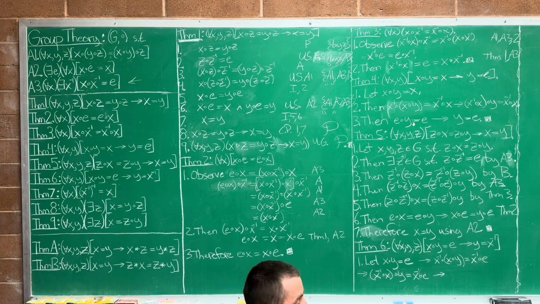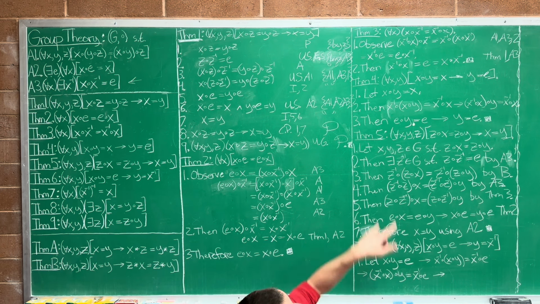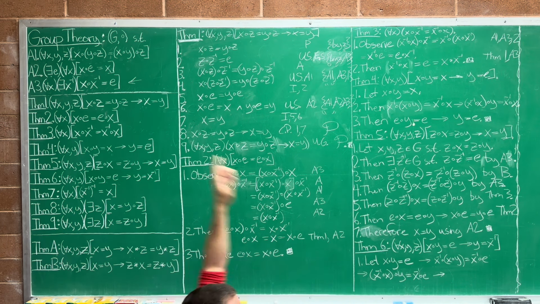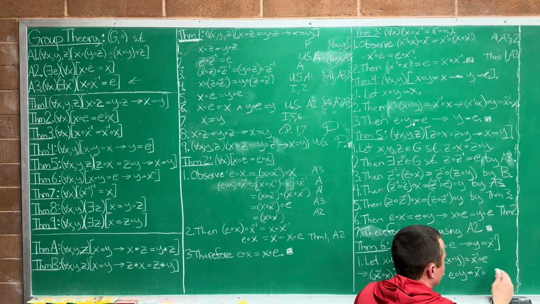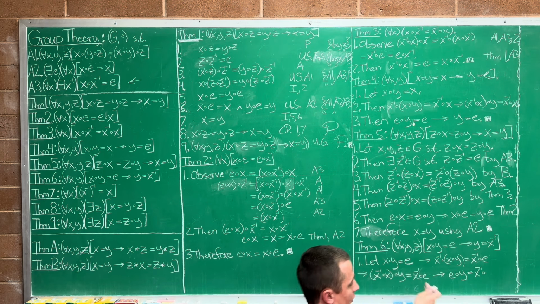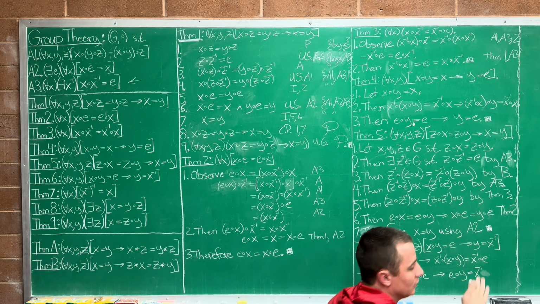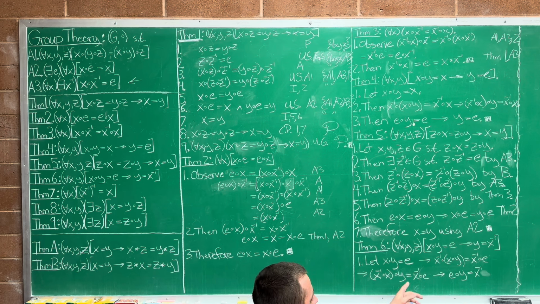We make the x inverse circle x an E. Yep, that's the same thing as x circle x inverse, which is the same thing as E. So we can say that E circle y is equal to x inverse circle E. What do I get when I circle that with E? I just get x inverse. X inverse circle E is just x inverse. That's correct, yeah. X inverse circle identity element gives me back the same thing we passed in.